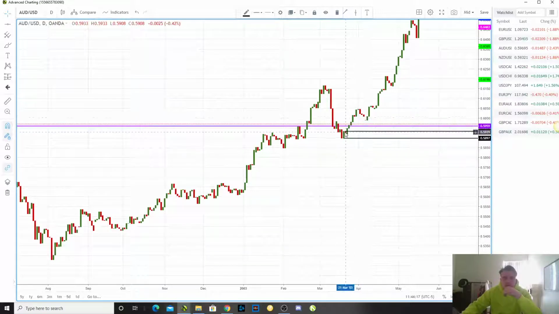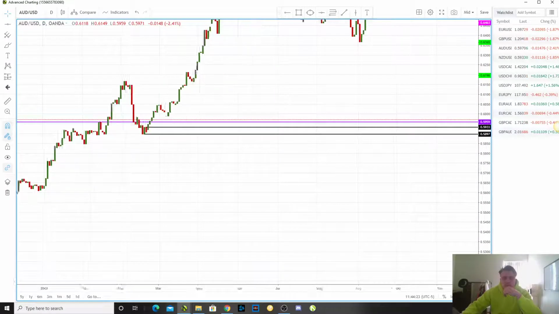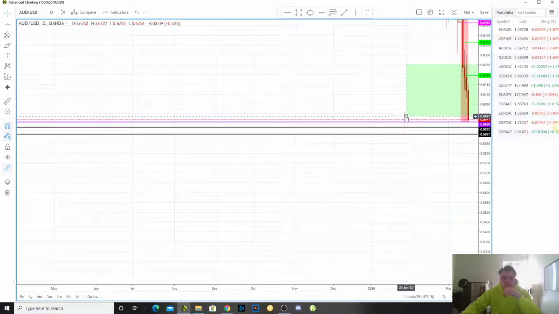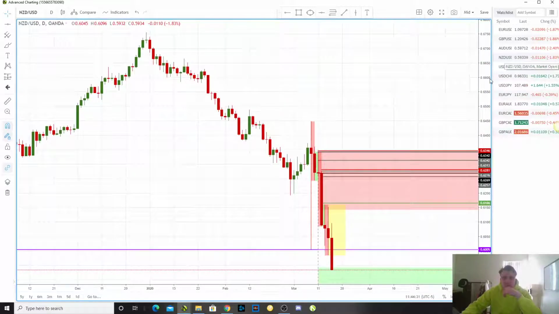All right, here we go. So that's going to be our new daily area of demand for now. So basically, we're just going to wait for an uptrend to form and then take them on the 60-minute time frames.